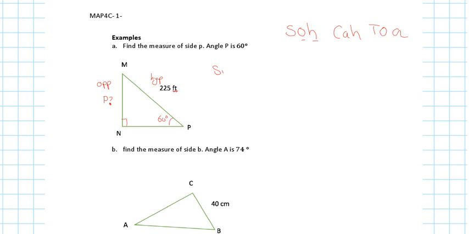Sine P is equal to the opposite over the hypotenuse. P is 60 degrees. The opposite is just letter P in this case. And the hypotenuse is 225. Are we okay with this?